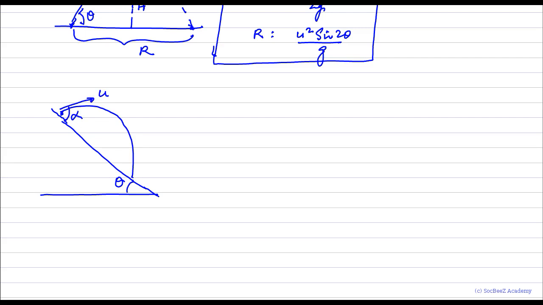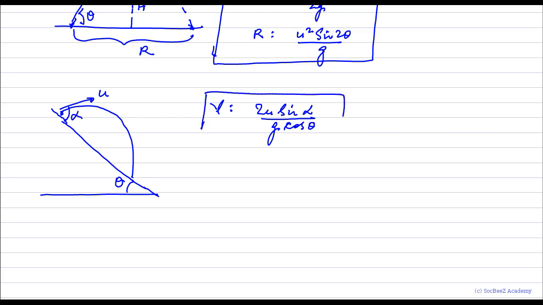In this case the time of flight is going to be given by 2u sine alpha upon g cos theta. So this is my time of flight of the projectile.